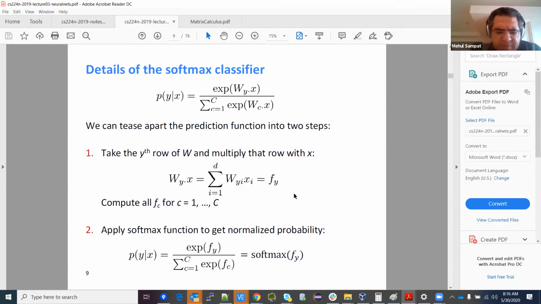If your classes are c1 to cC, you can compute an f of y just by matrix multiplication, like shown here, and then use the softmax function to get a normalized probability. So given an input vector, what's the probability that it belongs to a particular class? So p of y given x.